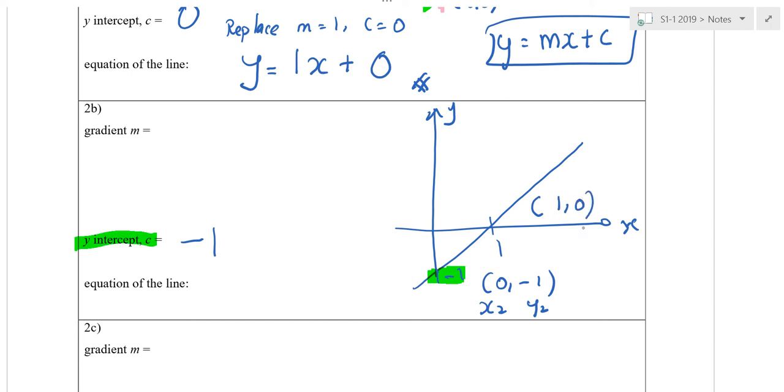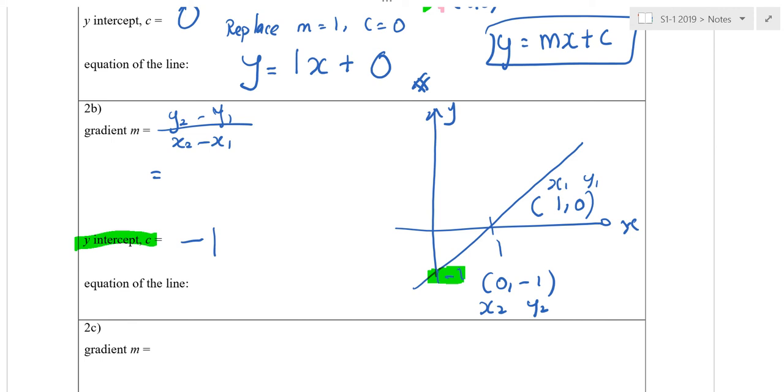Correct. Why is it 1, 0? Because x is right. Right? And this will be x1, y1. Agree? Okay, Jiajun, continue. I want my gradient. So gradient is y2 minus y1 over x2 minus x1.